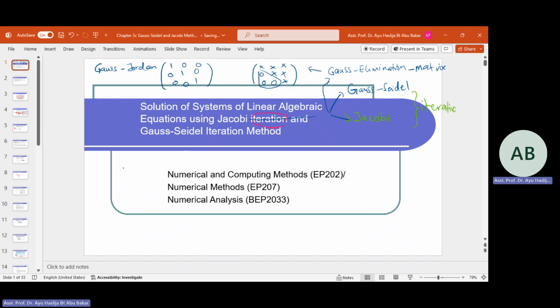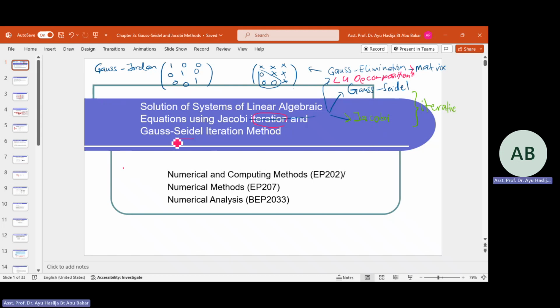Last time, Gauss elimination and LU decomposition used matrix form in order for us to find the unknowns. But now we use iteration methods, where the methods that we will cover are Gauss Seidel and Jacobi.